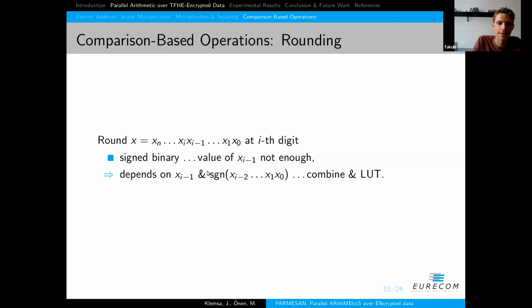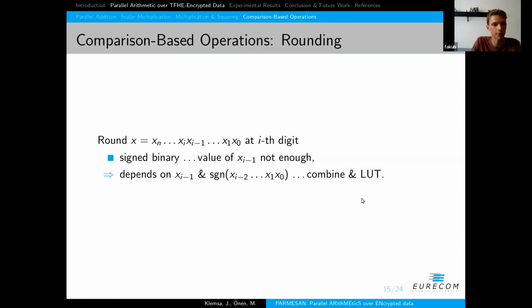But in signed binary, this doesn't work. Actually, it depends not only on the value of x_{i-1}, but it also depends on the signum of the rest of the number from x_{i-2} to the end. Based on these two values, there are 9 combinations which need to be combined together through some addition and lookup table evaluation.